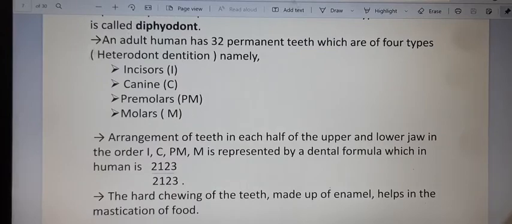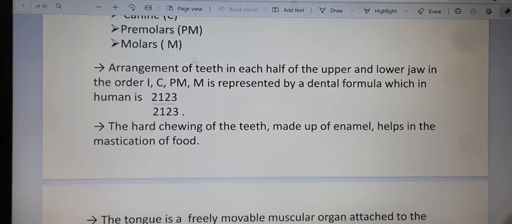Then an adult human has 32 permanent teeth, which are of four types, and so this type of dentition is called heterodont dentition. These different types of teeth are incisors, canine, premolars, and molars.